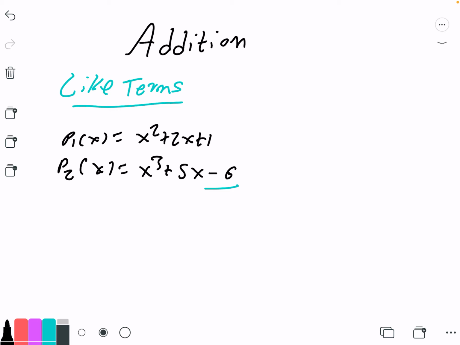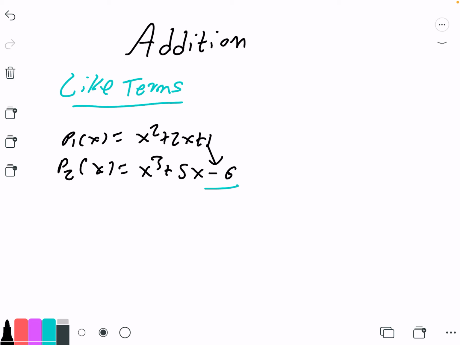So basically, when we say like terms, we want to pair every term in one polynomial with the term in the polynomial that we want to add or subtract or divide that shares the same degree of x or the variable. So for 1 it would be -6.